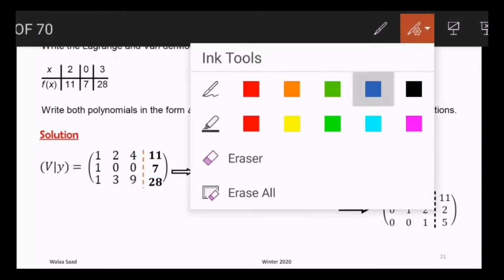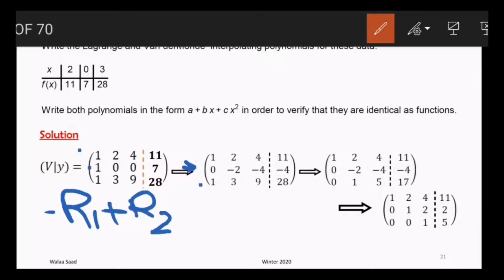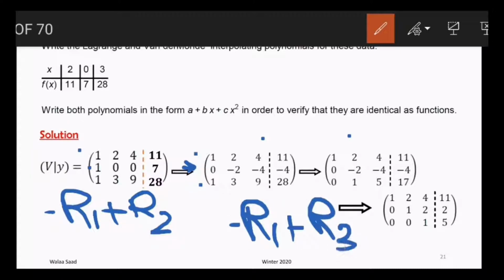Let's remember the elementary row operations. Here, in order to eliminate that 1 using the above 1, we will multiply row 1 by -1 and then add it to row 2. And this will give this updated row 2. And then to eliminate that 1 by using the above 1 in row 1, we can do these 2 operations in one step, like you know. We will multiply row 1 by -1 again, but this time add it to row 3, and in that case we will have this row 3.